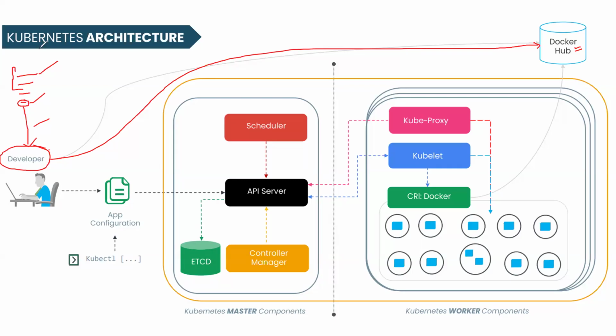So as I said, Kubernetes is based upon the Kubernetes master and worker nodes. Assume that in this architecture, I have one Kubernetes master node and 3 Kubernetes worker nodes. The collection of worker nodes is called a Kubernetes cluster.